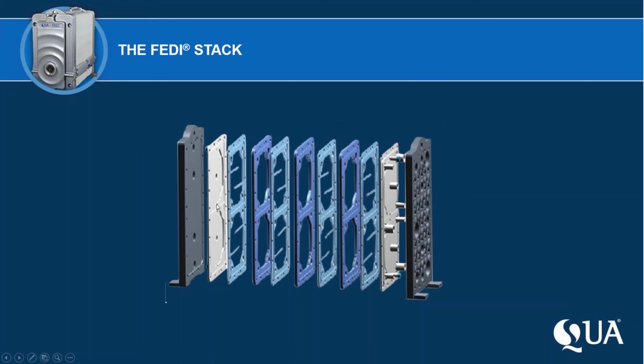As I mentioned earlier, the beauty of the dual voltage is we control both. The Fedi can also be used as a single voltage, where you can run one voltage as a standard, like some of the existing EDIs out there today. We have multiple cell pairs in this plate and frame device, and one of the things that makes Fedi very robust is we don't need O-rings to prevent leakage, which some of the EDIs out there today use.